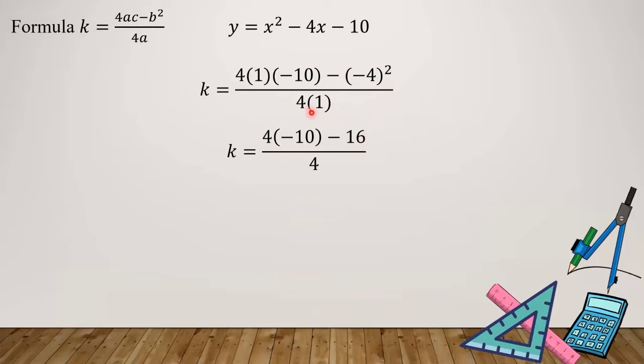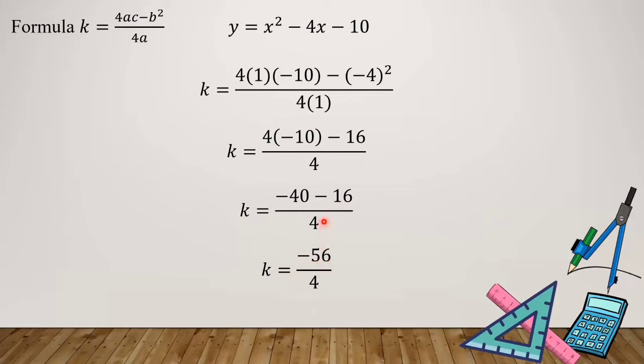Then 4 multiplied by 1 is equal to positive 4. After that, 4 multiplied by negative 10 is equal to negative 40. Then, i-copy lang natin yung negative 16 over 4. Negative 40 minus 16 is equal to negative 56.